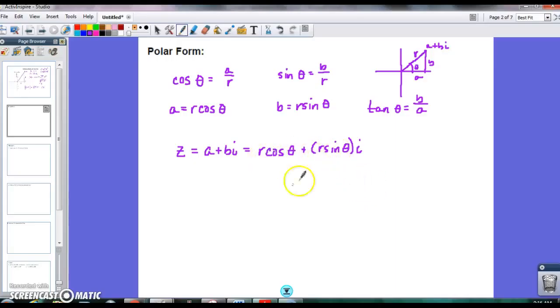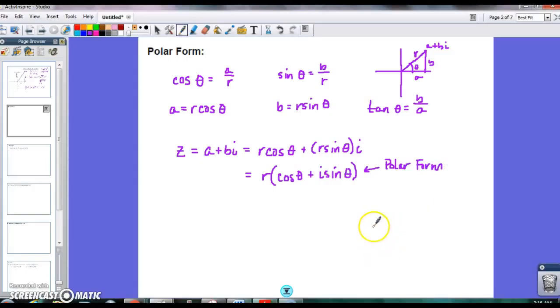If I factor an r out of both of those terms, that gives me r times cosine theta, and I'll clean this up a little bit. I'm going to put the i before the sine so that it doesn't look like it's attached to just the theta. It's i times the sine of theta. That's the notation that we use, and this right here is your polar form.